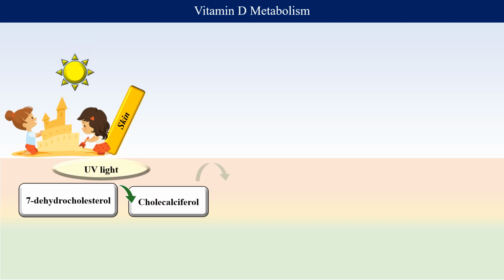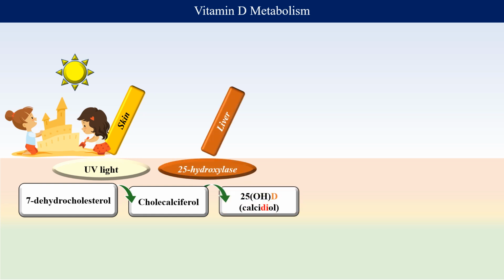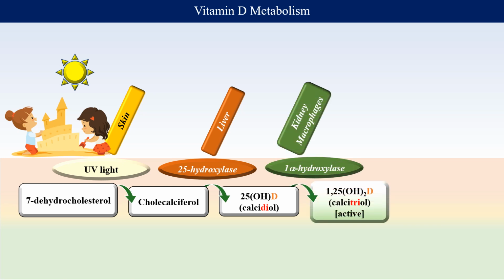Cholecalciferol is then hydroxylated at the 25th carbon by the enzyme 25-hydroxylase in the liver to become 25-hydroxyvitamin D. This is subsequently hydroxylated at the first carbon by the enzyme 1-alpha-hydroxylase in the kidneys or macrophages to become 1,25D, which is the active form of vitamin D.